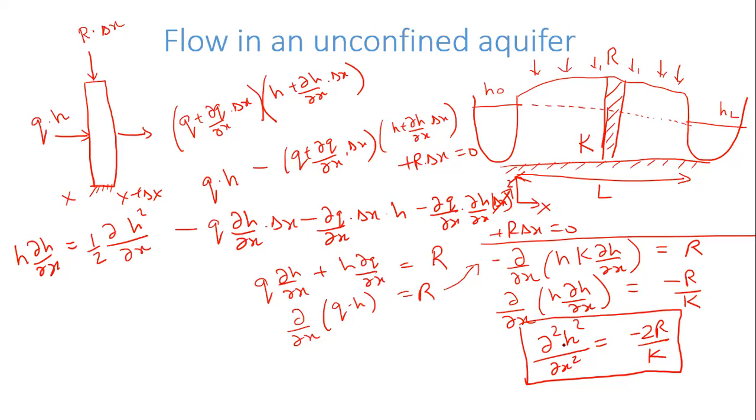You will have to apply the boundary conditions and solve, to get an equation for h square equal to something, 2R by K times x square plus something times x plus something. Maybe I've even got the signs wrong, there might be a minus over here, whatever it is. You just have to solve for it. It's not a big deal. So this is your final expression.